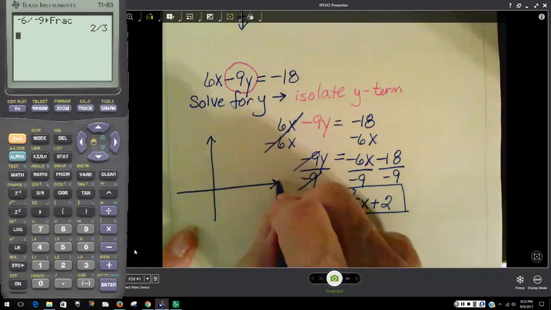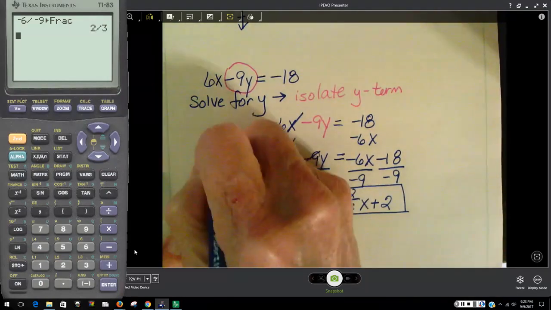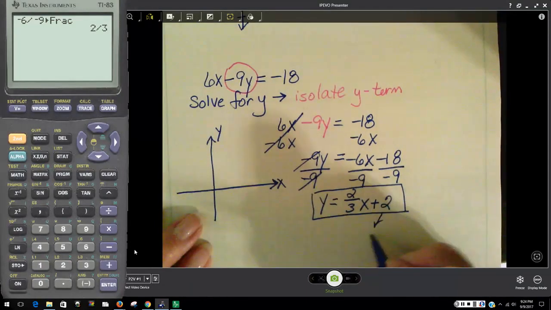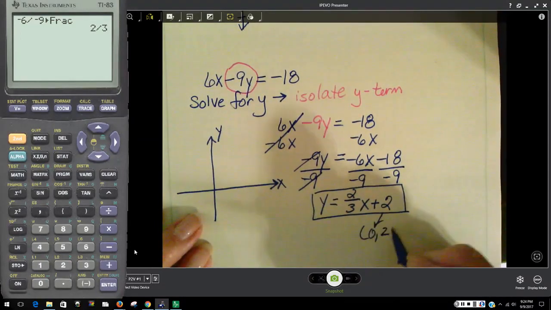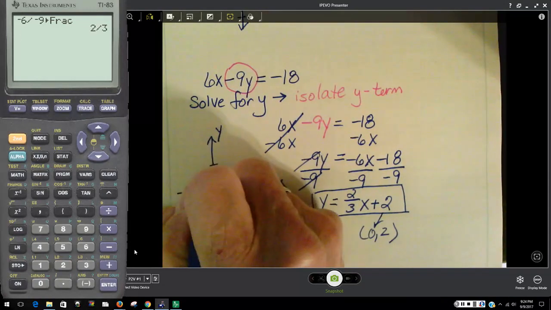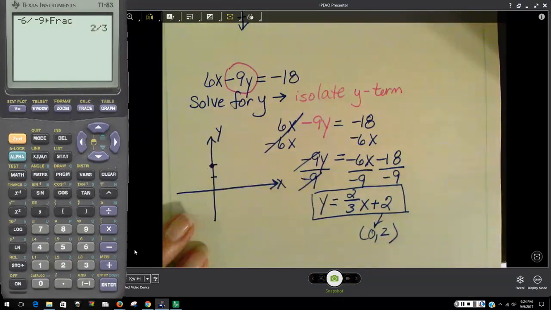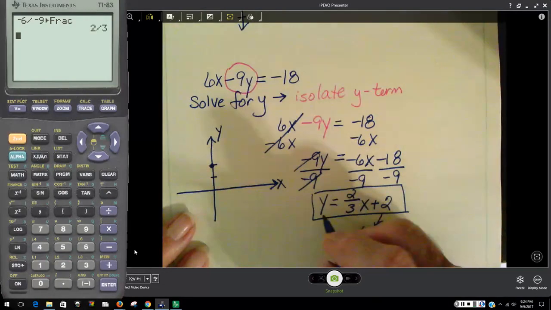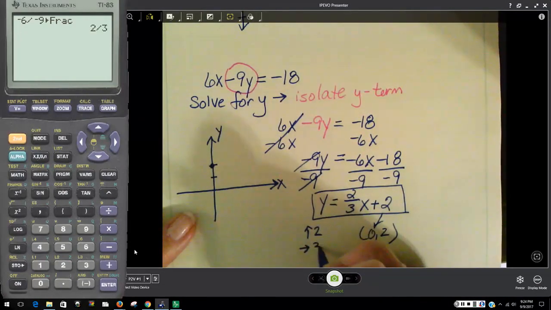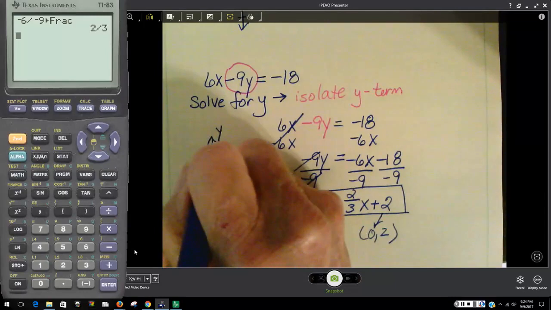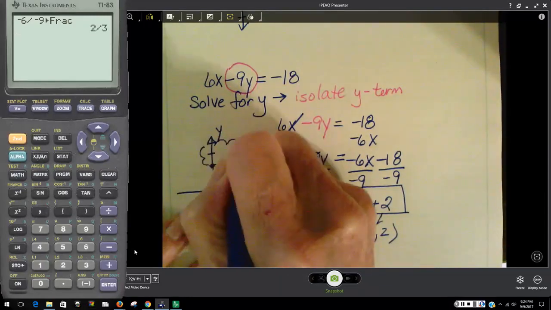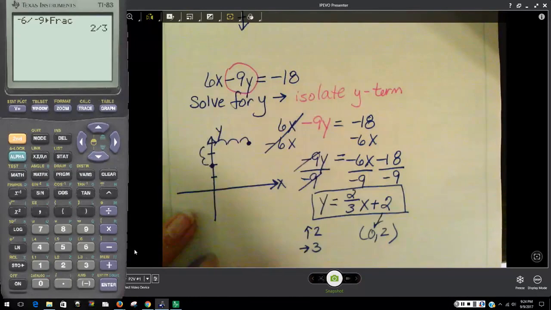So here's my x-axis, here's my y-axis, and the first thing I want to do is plot the point 0, 2, which is the y-intercept, and then go up 2 and right 3 to get my second point.